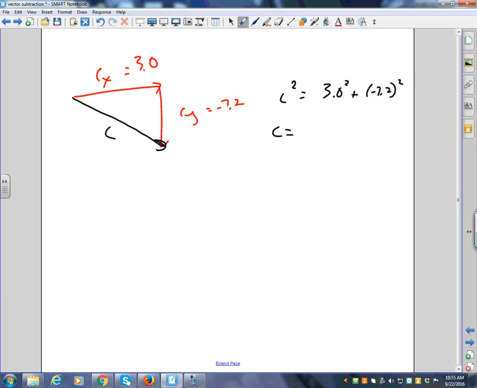I get 2.8. That can't be right. 7 point what? Yeah, I think I double square rooted it somehow. Yeah, 7.8. Now we don't have a unit though, right? Because we didn't introduce any units to begin with. So it's just 7.8 whatevers.